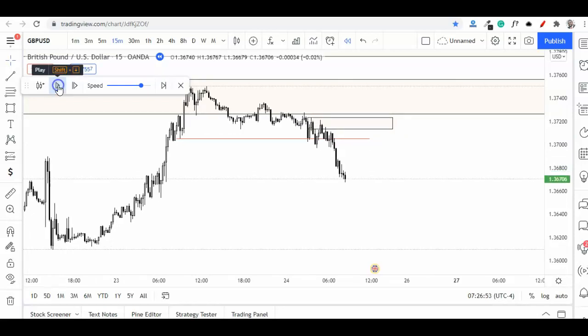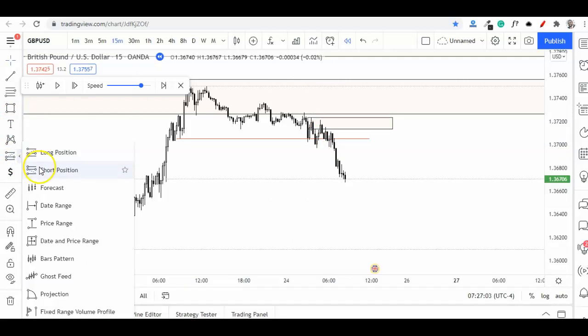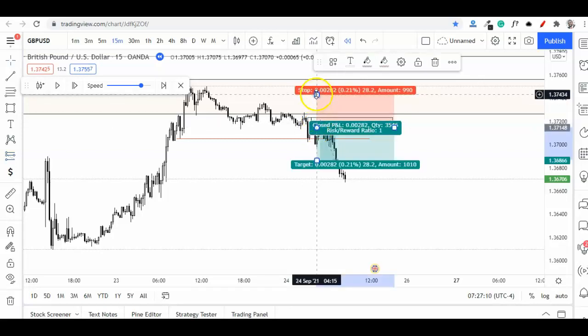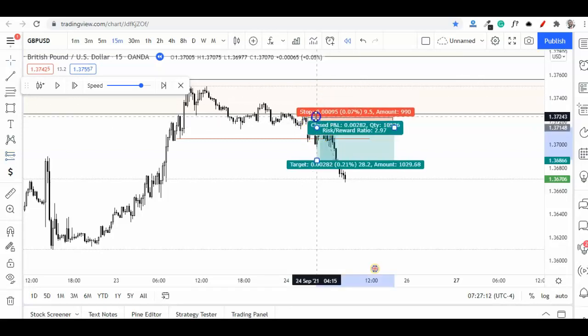So you can see, immediately I see this break of structure here, I will then create my setup here, a short setup from the open of that candle to the top of that candle.